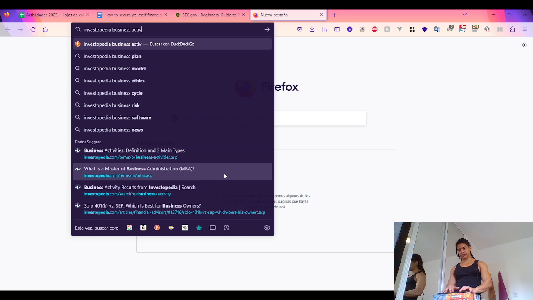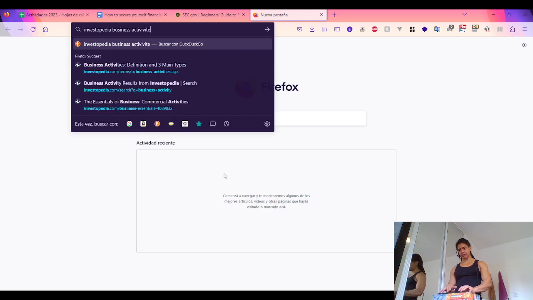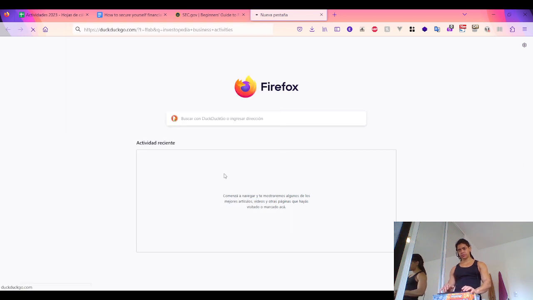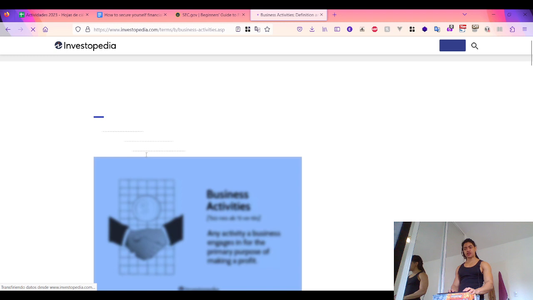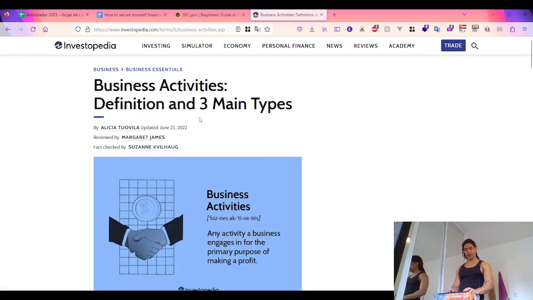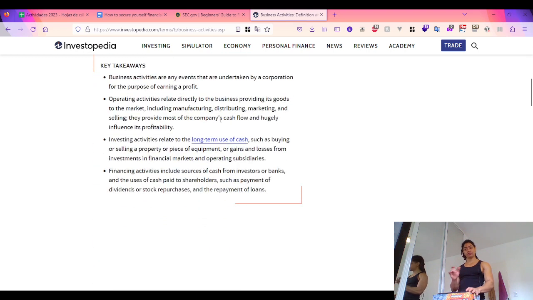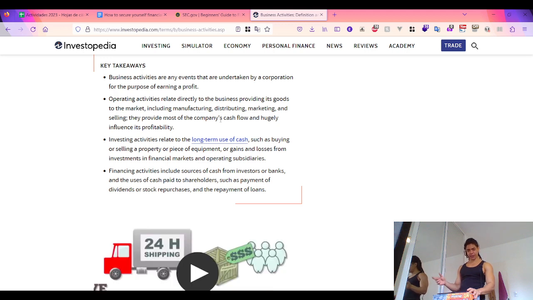The three main types of business activity are operations, financing, and investing. Okay, so operation is the day-to-day activity that the company needs to do.